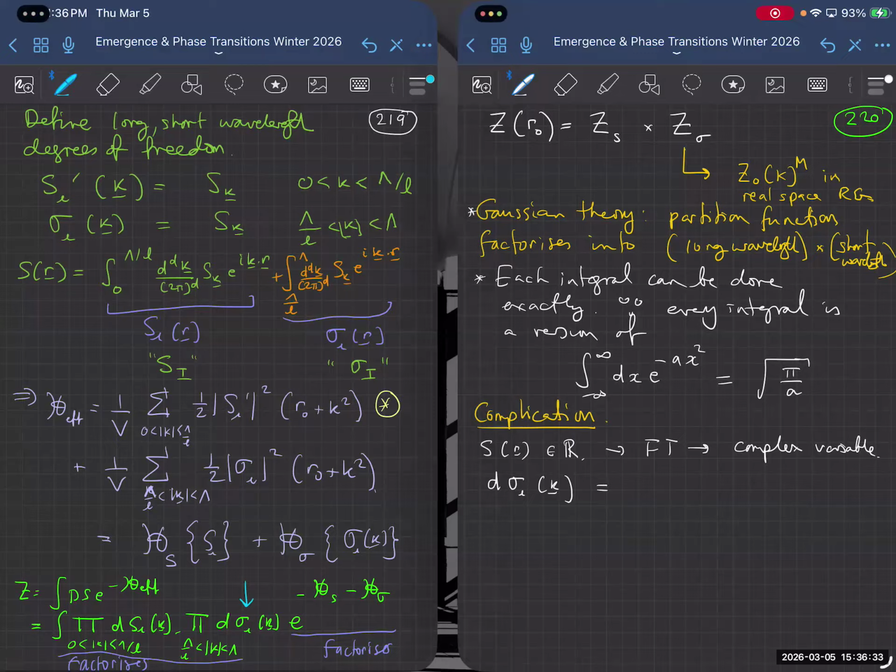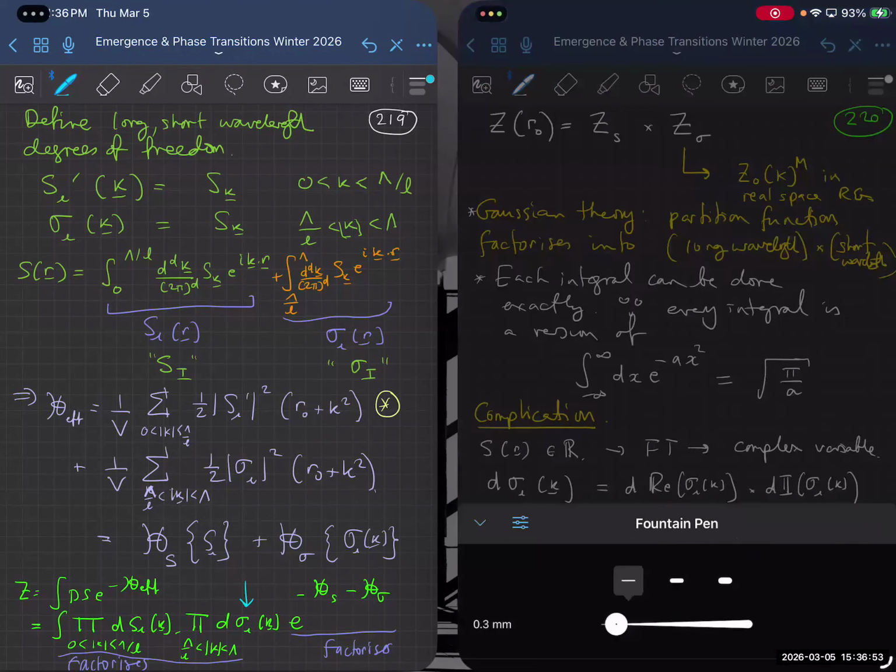So this is equal to d times the real part of sigma L of k times the imaginary part of sigma L of k, and the same thing for anything else.